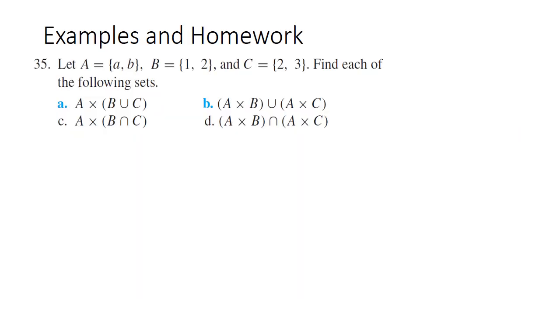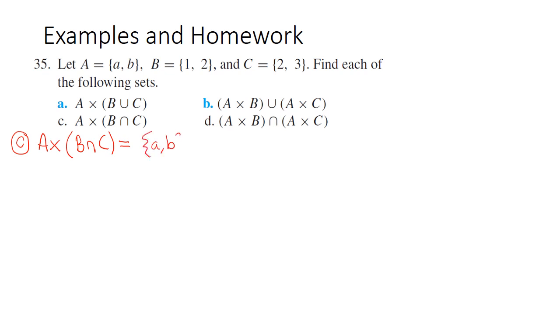Okay, so let us do some examples using that definition. So number 35 here, I'm going to do part C and part D. So let us look at part C. Okay, so we're supposed to do A cross (B intersect C). Okay, so I'm just going to fill in what these sets are just to start out. So I'm going to substitute their definitions.